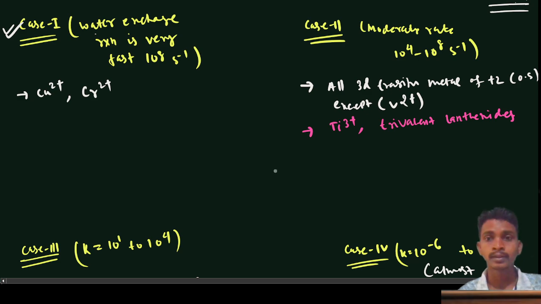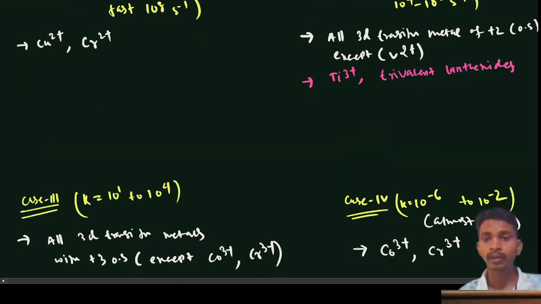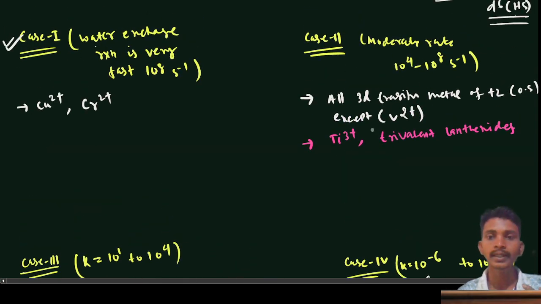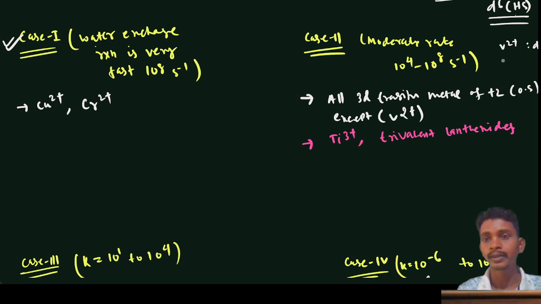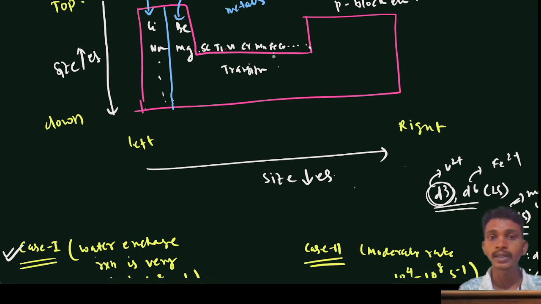Also, you can look here at strong JTD, and here we see that in the case of vanadium 2+, this is d3, and ferrous 2+, this is d6. So this is high spin, so this is nearly equal to d1. That's why it will fall in this group. Also, you see that from size you can explain this: iron has the low size and vanadium has the high size, and high size will be less labile.